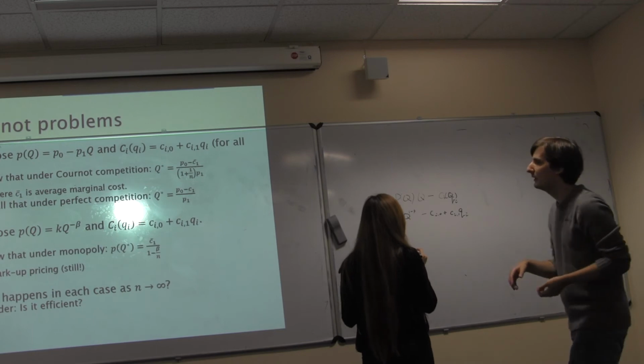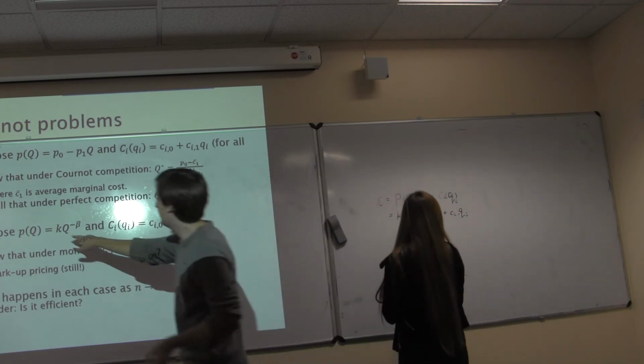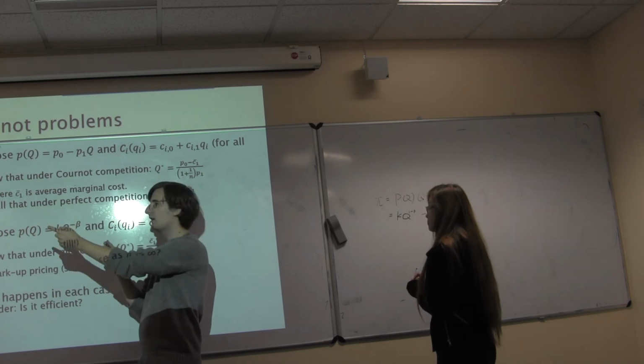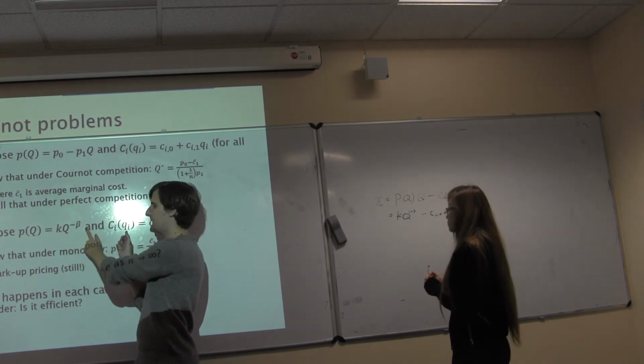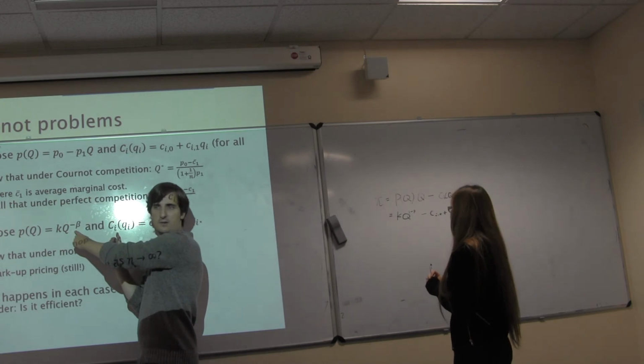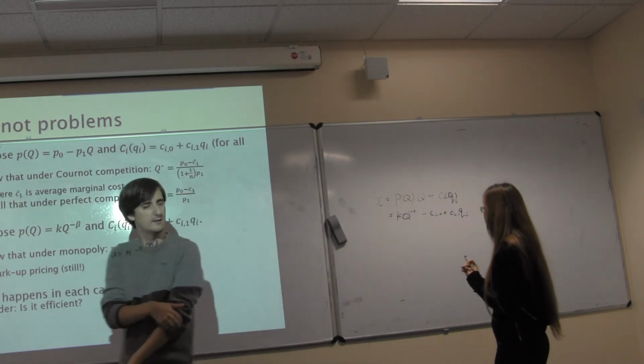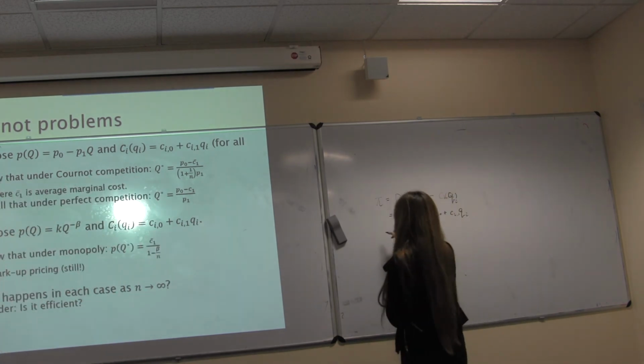Yeah, so the price was k times Q to the minus beta. We've got price times quantity, so it's k times Q to the minus beta times q. Q to the minus beta times q is just what you've written down there, Q to the 1 minus beta. Yeah, so that's right. And then differentiate.